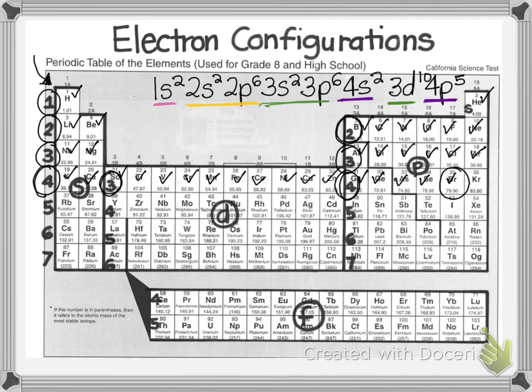So even though they're split, they're both in the same energy level. So the configuration of the valence electrons is 4s2, 4p5. So there's 2 electrons in the S and 5 in the P. So we have 7 valence electrons in bromine.